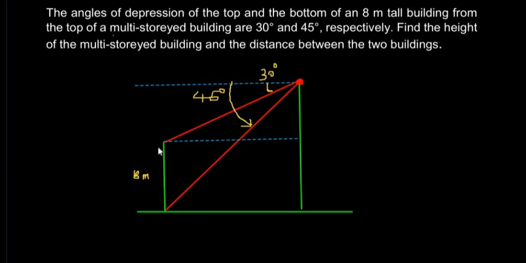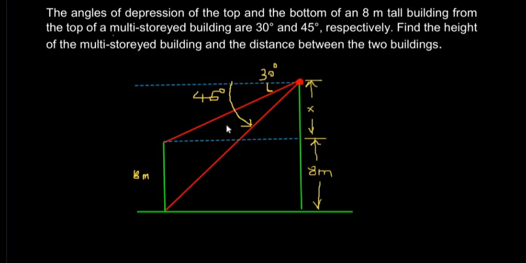Now this is the height of this building. That means this is also going to be 8 meters, because this represents the rectangle, so opposite sides of the rectangle are the same. From this point till this point is 8 meters. Now I will take the rest of the portion of this multi-storied building as x.